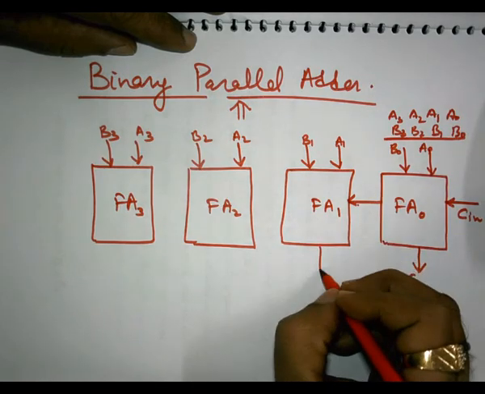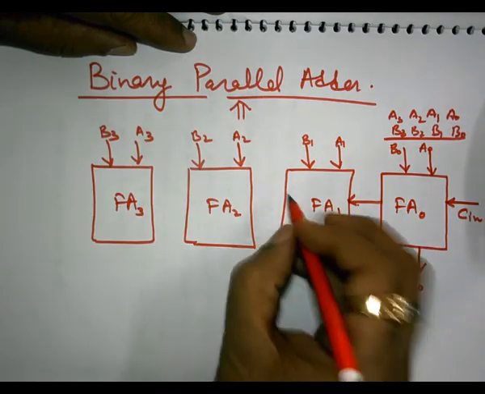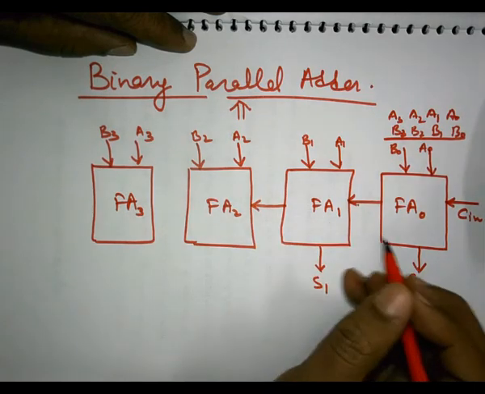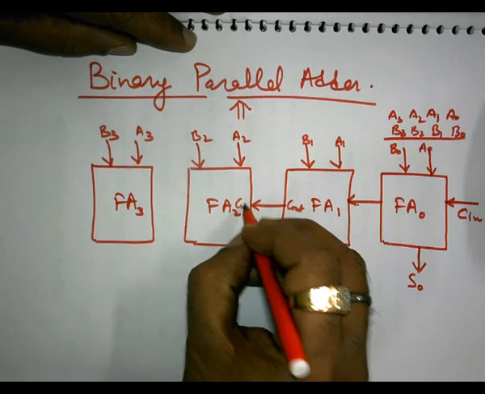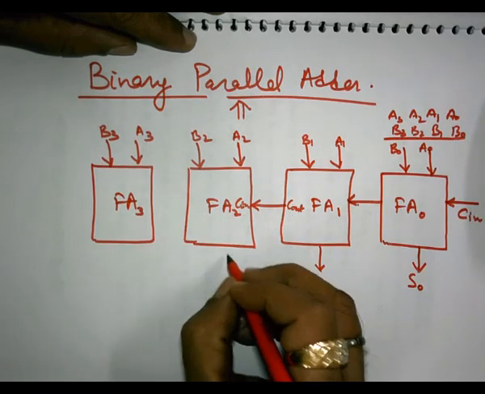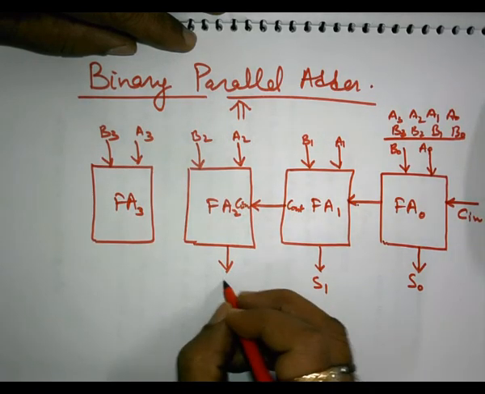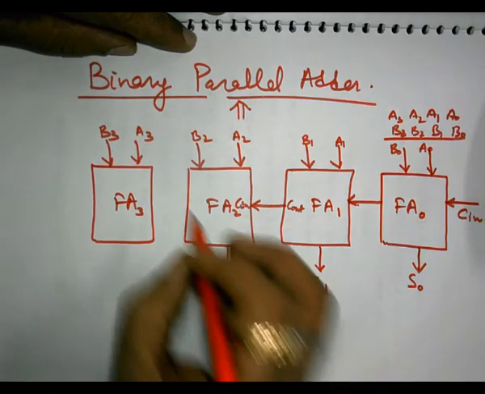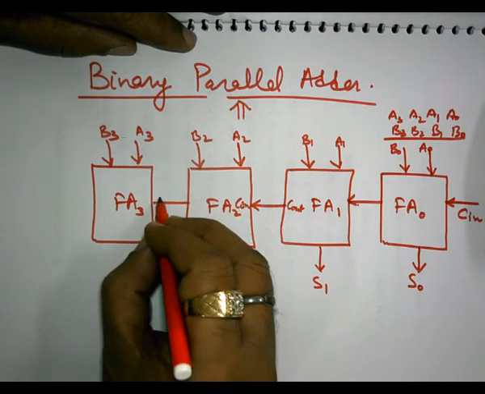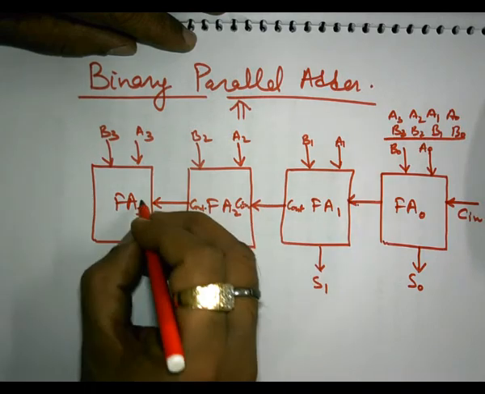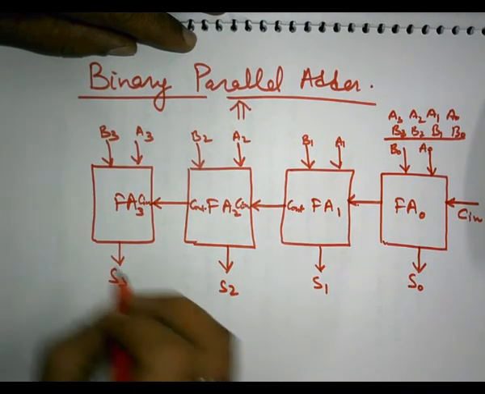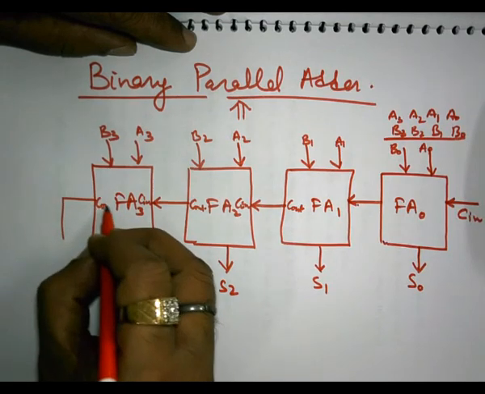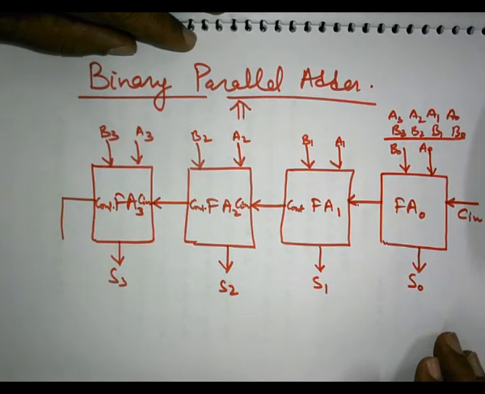And this way this will produce a sum output, say S1, and the carry out of full adder number 1 will go in the carry in of full adder number 2, and this will produce a sum output S2, and the carry out of full adder number 2 will go in the carry in of full adder number 3. This will produce a sum S3, and a final carry out is produced from full adder number 3. Okay.